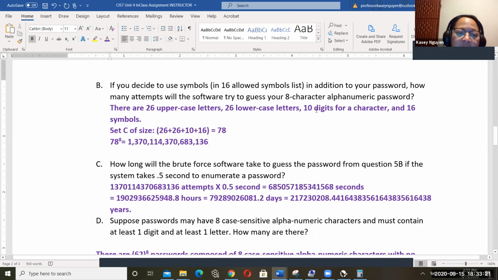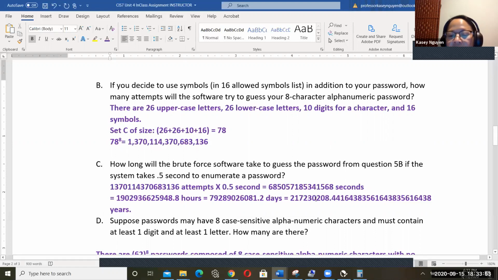So if we have this many passwords, that means that it would have this many attempts, and we simply multiply it by 0.5 seconds, which is half of a second, which gives you this many seconds. And then you can take that and you can convert it to minutes, hours, and then days, and then year. Okay.